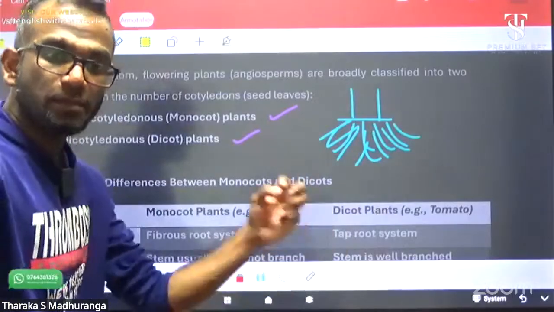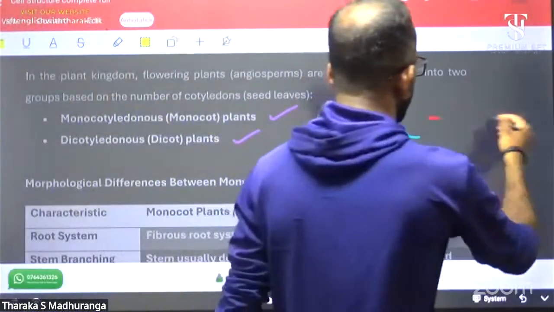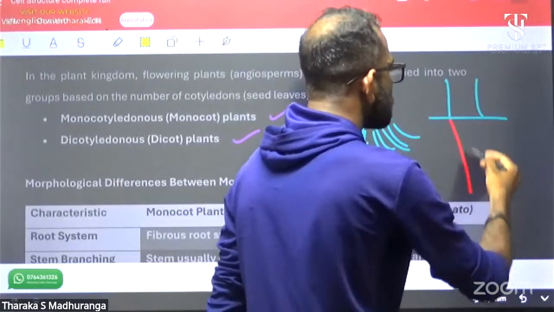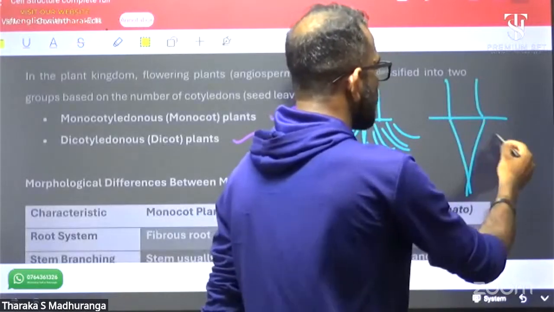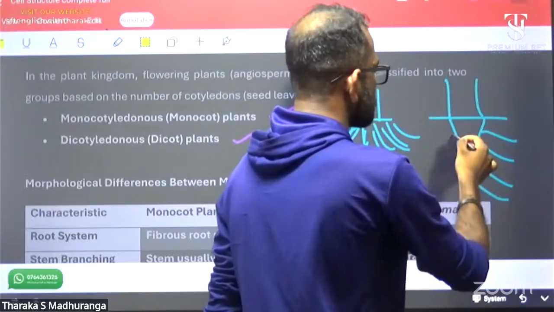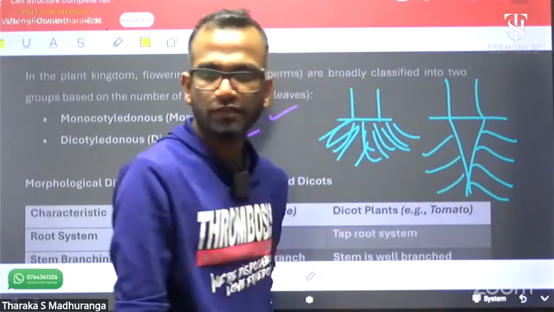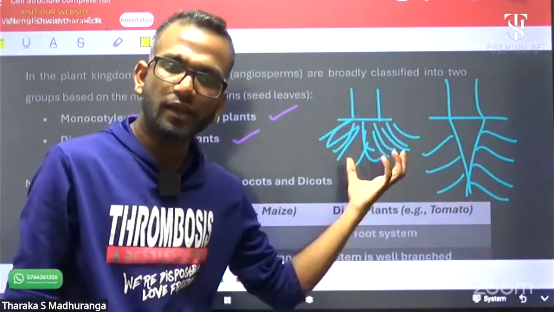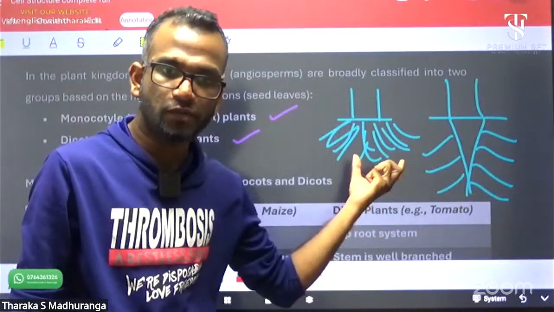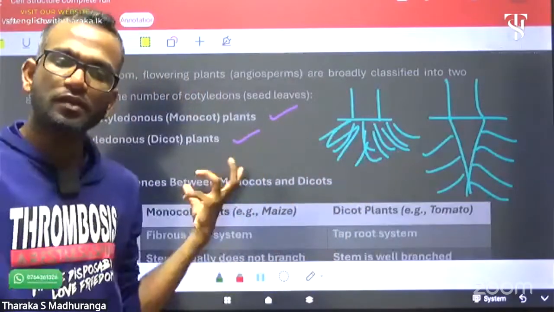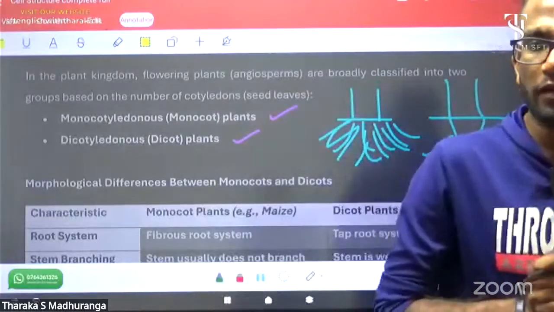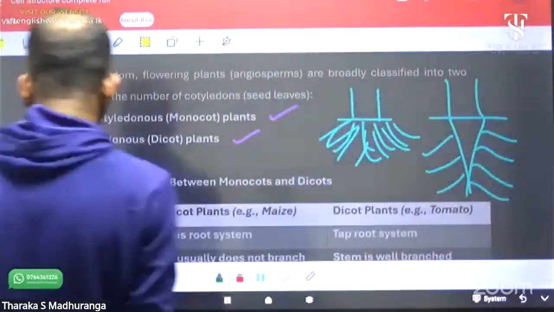But dicotyledon plants, like mango or jack, this is the stem. It has a taproot system like this, taproot and lateral roots. So the difference is the taproot system and the fibrous root system. Monocotyledon root system is fibrous. Dicotyledon root system is a taproot system.